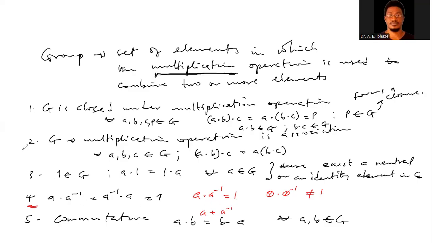That would be minus, right? A plus minus A should be equal to 0, right? So if we consider 1 plus minus 1, it is equal to 0, and 0 plus minus 0 is also equal to 0. So 0 is an identity element or a neutral element when we are considering addition operation.